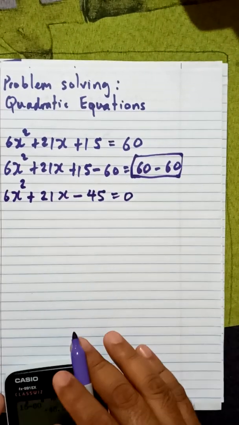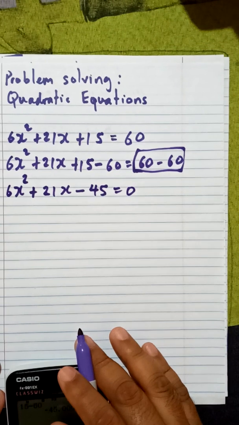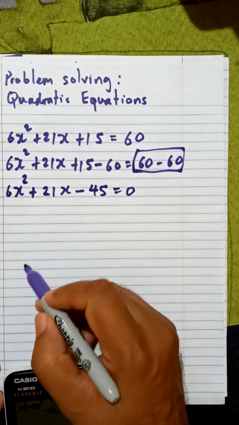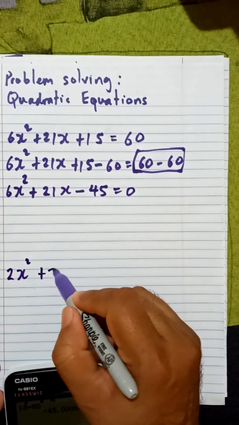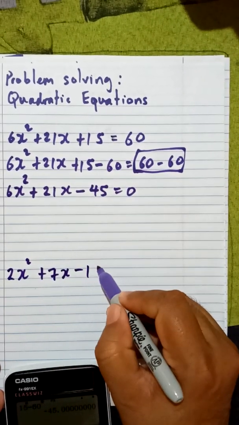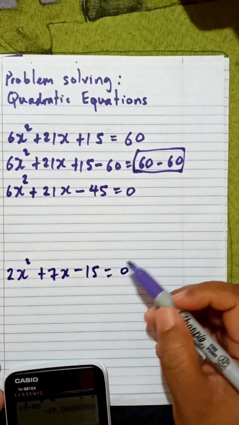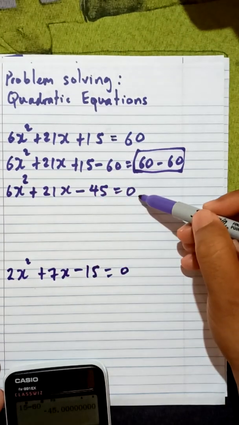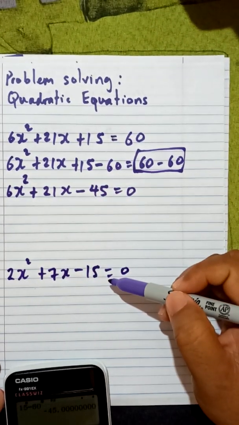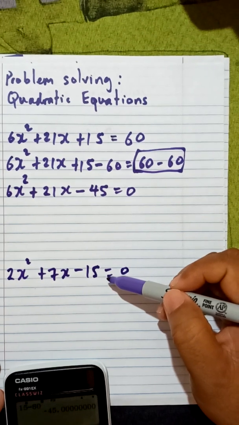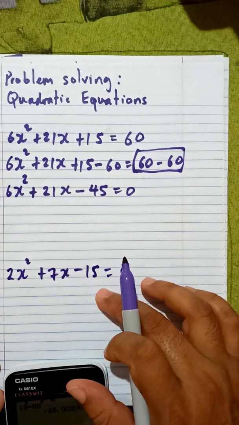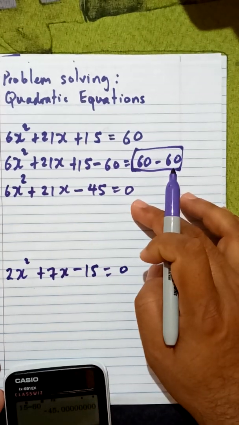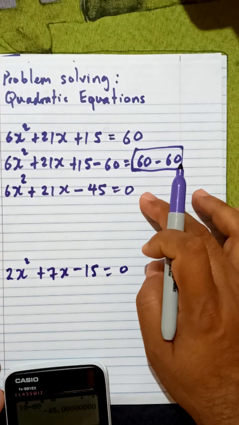Now the question says to show that 2x squared plus 7x minus 15 equals 0. If you look at this equation and this equation, you realize that you can actually multiply this by 3 to get the top one, or you can divide the top one by 3 to get the bottom one.